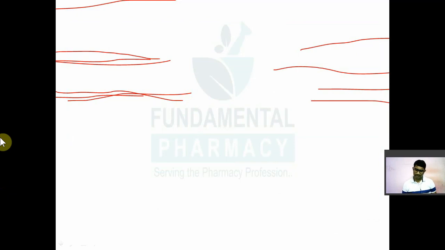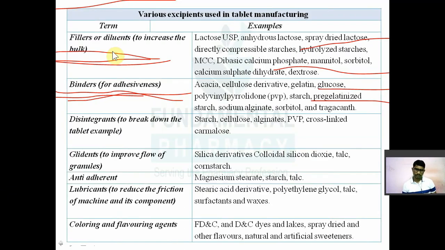Now what is meant by disintegrating agent or disintegrant? Disintegrants are used to break the tablet. ठीक है, कि आपने जो टेबलेट बनाया वो आपके स्टमक में जाने के बाद में, आपके जीआईटी में जाने के बाद में वो ब्रेक भी होना चाहिए. अगर वो ब्रेक नहीं होगा, डिसइंटीग्रेट नहीं होगा, so how will the tablet release the drug?